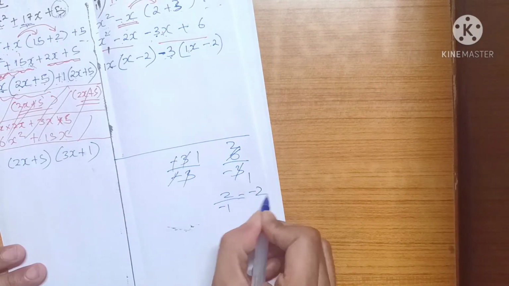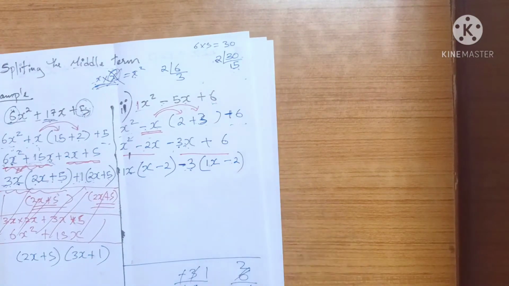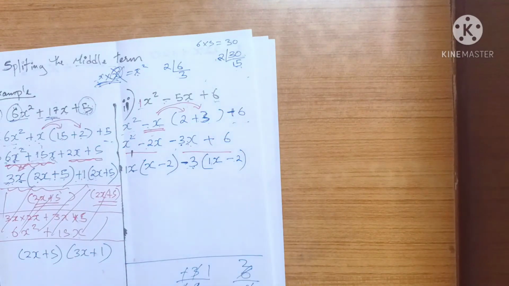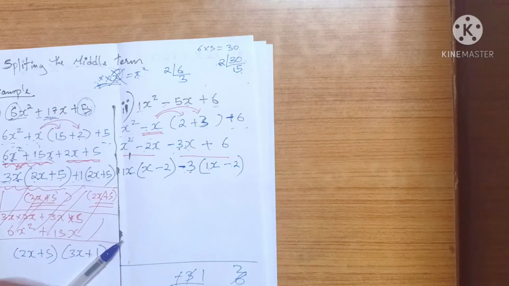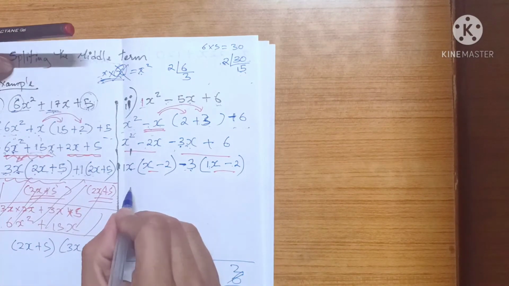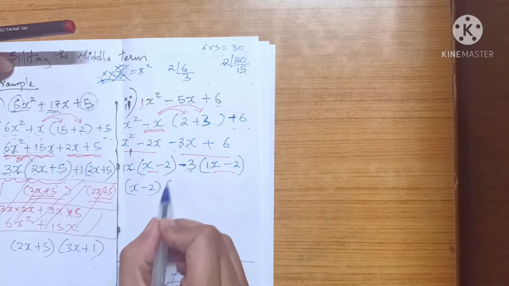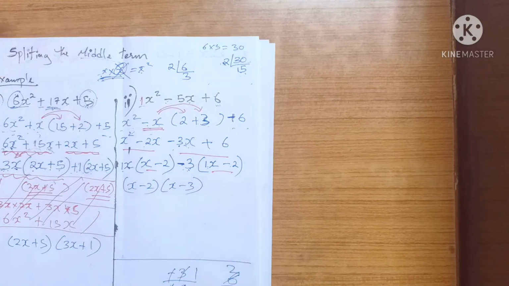But 2 by minus 1 is the same as minus 2. The minus goes up automatically. So we're getting minus 2 when we divide 6 by minus 3. Since this 2 is exactly the same, we take this out, and whatever is left, this and this is written here.